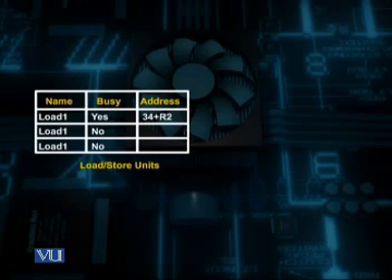In clock cycle 2, the second load instruction is issued. Now here you can see the difference between the scoreboard approach and the Tomasulo approach. In the scoreboard approach, we were unable to issue the second load instruction because resources were not available.